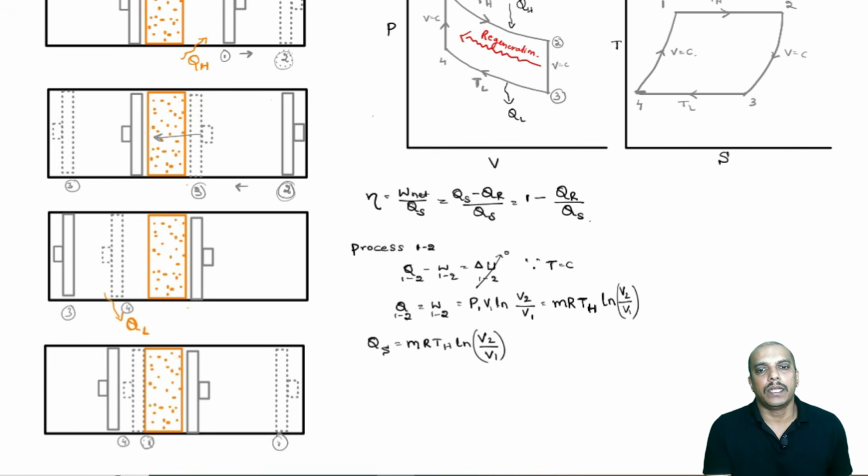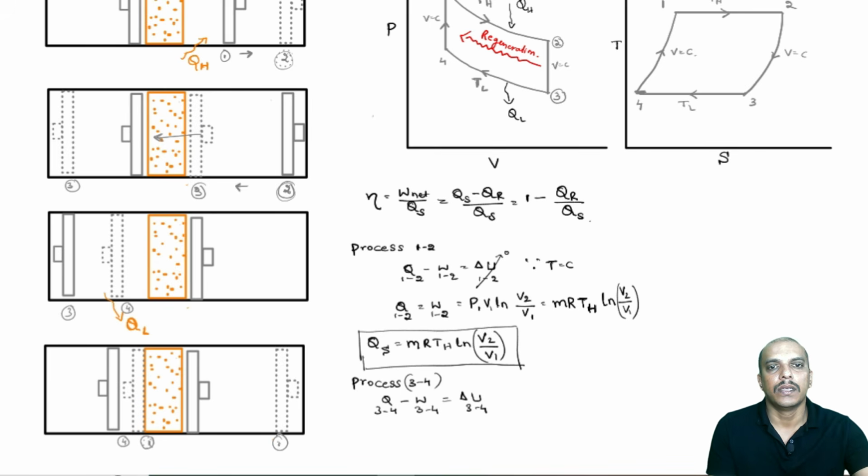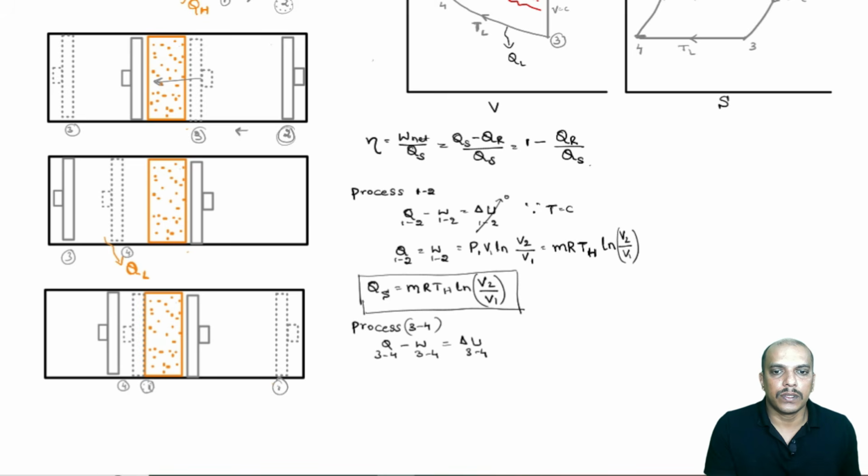Similarly, let us go for heat rejection. For heat rejection, we must go for the process 3 to 4. So, I will take process 3 to 4: Q minus W is equal to delta U. Q 3 to 4 minus W 3 to 4 is equal to delta U 3 to 4. Now, Q 3 to 4 is what again?